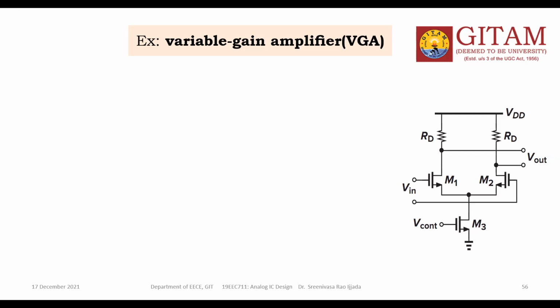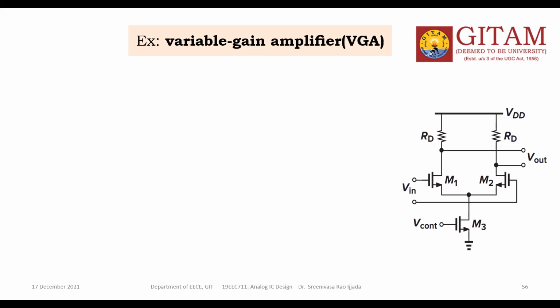Now this is the VGA circuit. It looks like a differential pair, but what is the difference? In the basic differential pair, the gate of M3 is connected to a fixed bias to keep this transistor always in saturation. But here there is a V control.